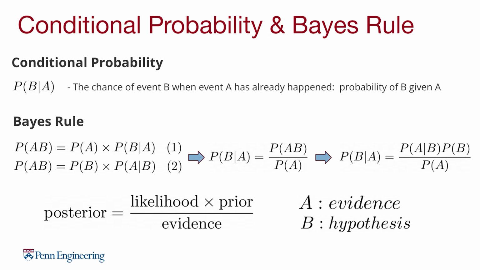What's the distribution of our state here? And the likelihood is that if the state is actually at some certain value, then what's the probability that we get this observation?